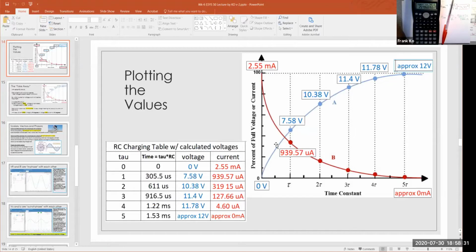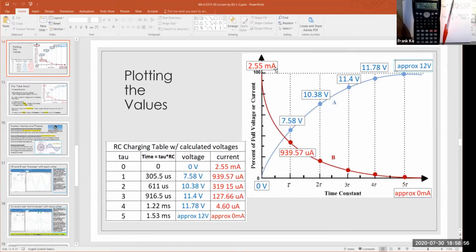It takes a period of time for the capacitor to reach full charge, in this case 12 volts. The maximum current of the circuit starts at 2.55 milliamps, but over 5 time constants it slowly diminishes to 0 current, because when the capacitor reaches full charge, no more current flows in the circuit.